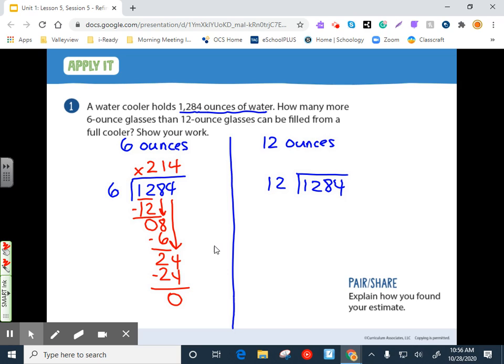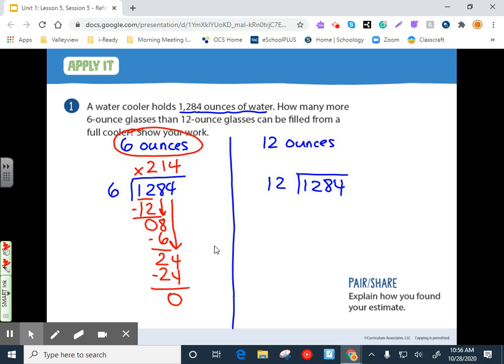You could fully do this division here, or some of you might have already thought of this. You could realize that, hey, 6 ounces is half the size of a 12-ounce. So it would make sense that you would get half as many glasses.